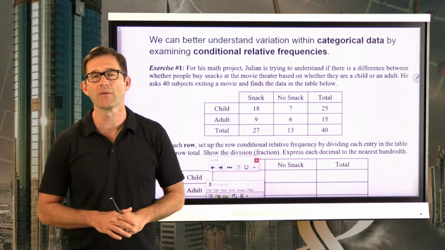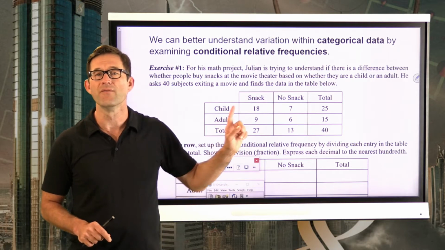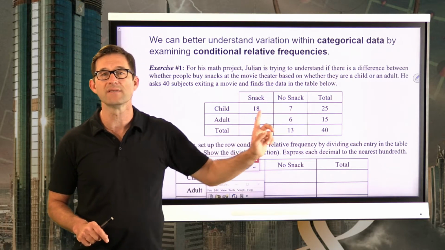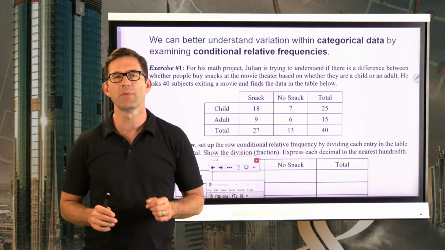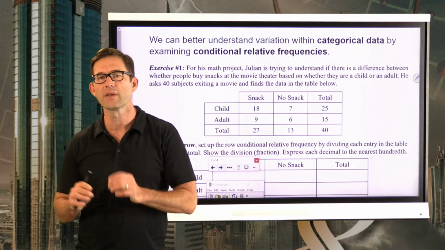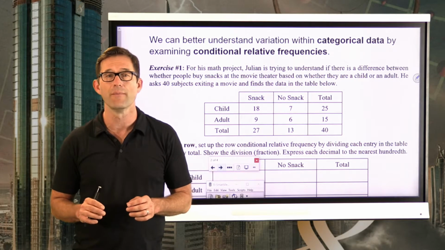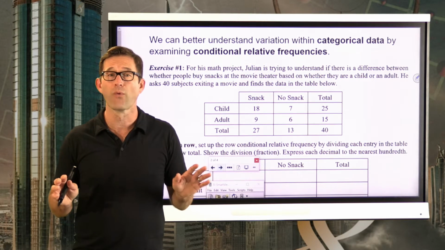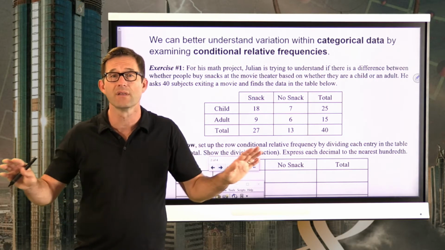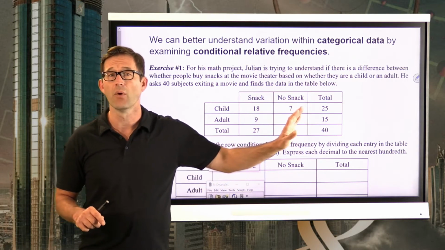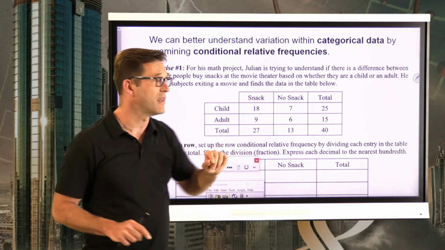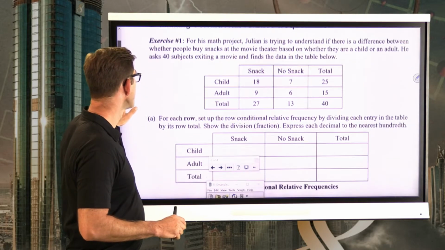Remember, those conditional relative frequencies are when we divide entries based on limiting ourselves down. Oh, we're only looking at the people that are children, or we're only looking at the people that are adults, etc. Now, we can do this in a more formal way, across the entire table, and we'll look at that in exercise number 1.